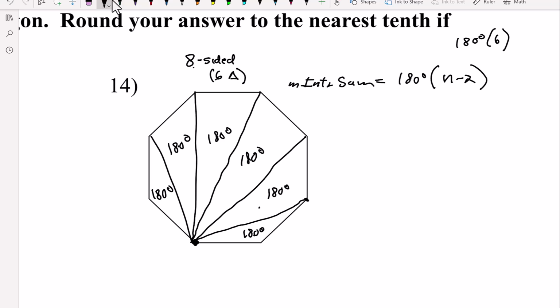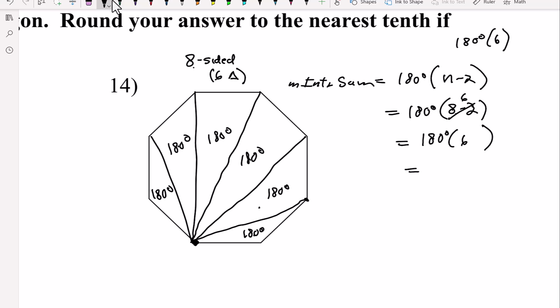So in this case, it is 180 degrees, 8 angles, subtract 2 is 6. So we would have 180 times 6, and after this first time, you wouldn't have them write all of that out. So 180 times 6.